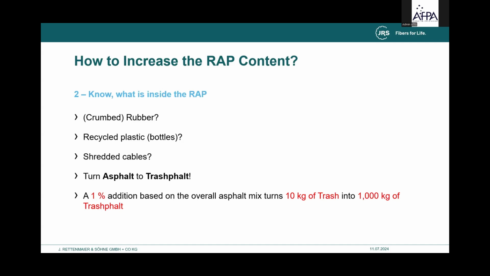These additives will definitely turn asphalt into trash. Those materials should be used better: rubber back to tires, recycled plastic bottles back to plastic bottles, and shredded cables back to cables, but not dumped in our asphalt. Just 1% of this as an addition to the asphalt mix, so 10 kg, automatically creates 1,000 kilograms of trash asphalt, and the generations following us need to get rid of this material.